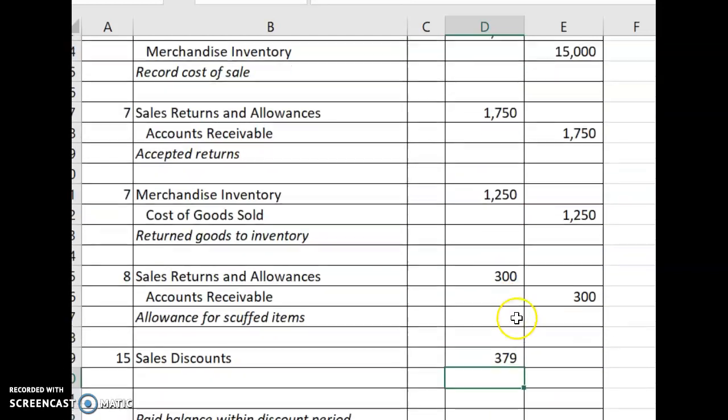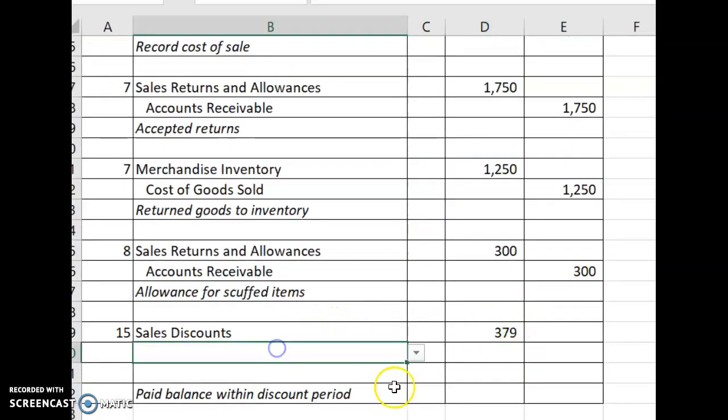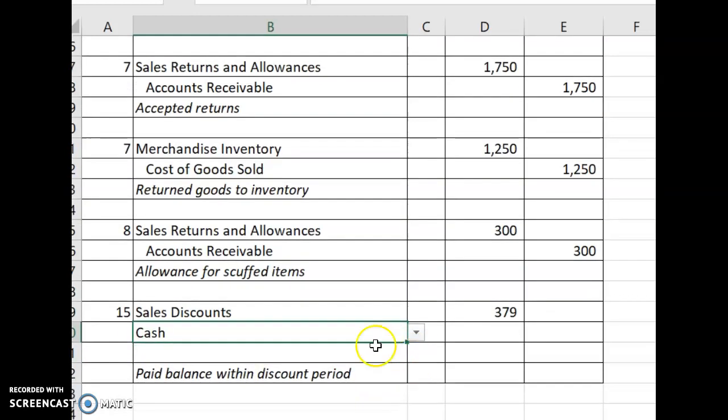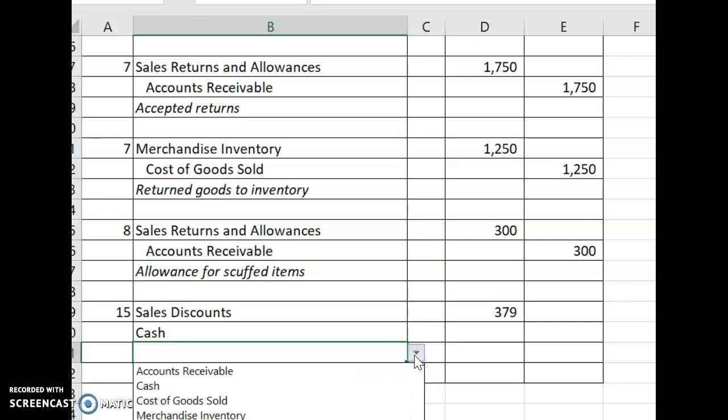And it was $379. We know that we need to record some cash here, right? And cash will be the difference between what we take from accounts receivable and the sales discount amount.